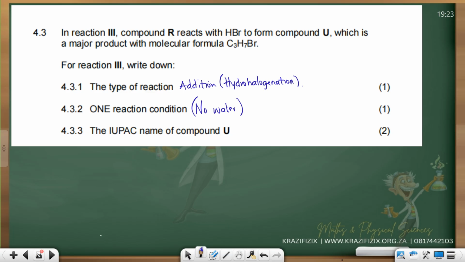You don't have your card here? This one here is missing something. Can somebody just confirm that for me?